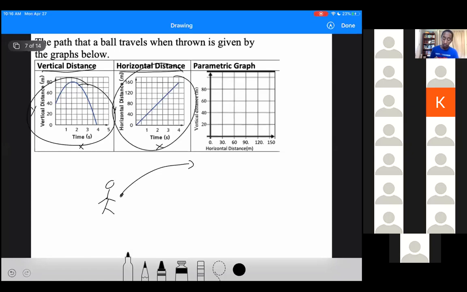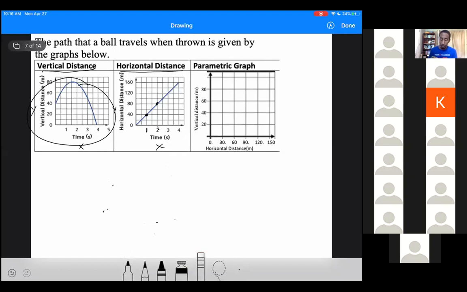This graph tells you how much distance horizontally it has traveled. It doesn't matter how high it is, so this is remaining constant. After 1 second has passed, it's traveled 40. After 2 seconds has passed, it's traveled 80, and so on and so forth. So one is showing the vertical height, the other is showing the horizontal distance of the ball, okay?